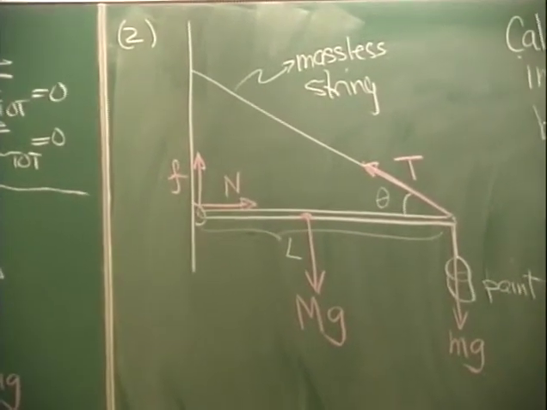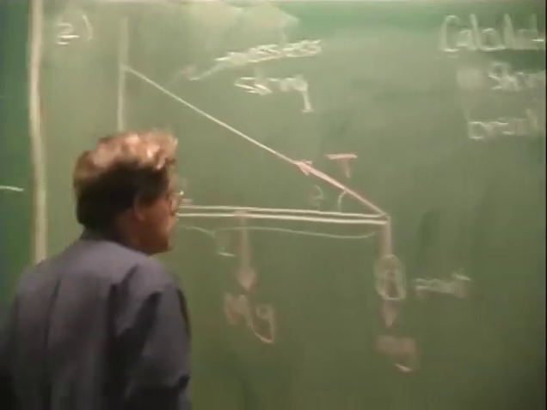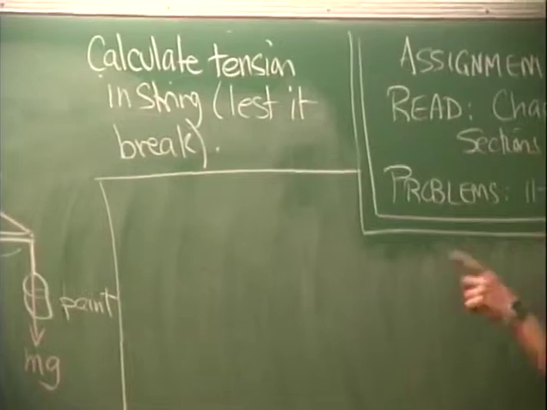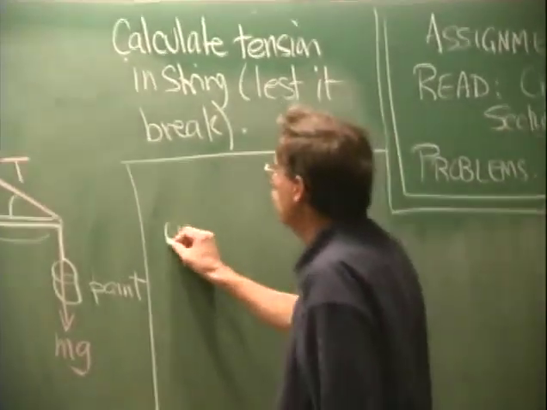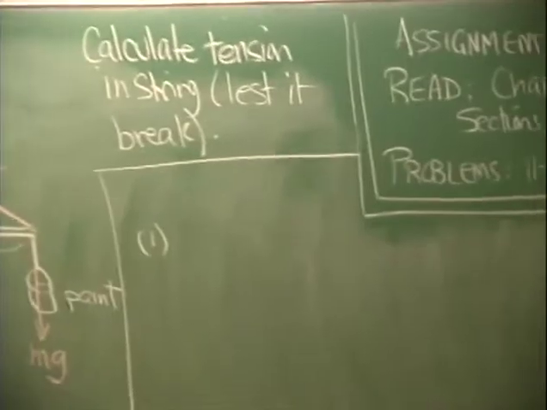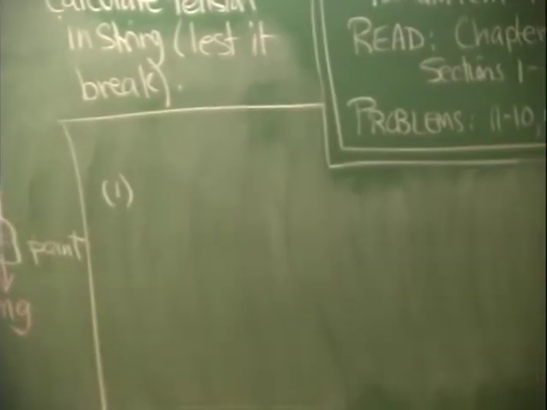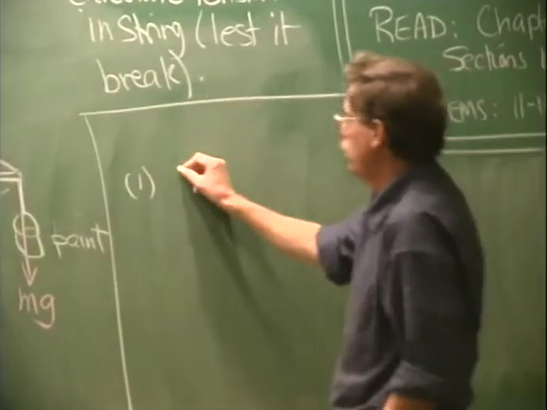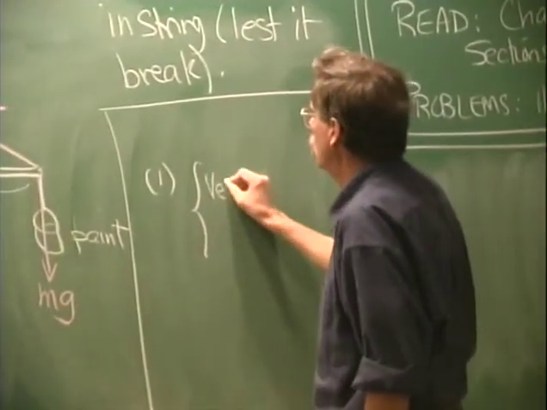I guess not. Okay, so number one, it isn't moving, so the total force has got to be 0. Actually, this is a two-dimensional problem, so the forces are going to be 0 vertically and horizontally. Vertical.